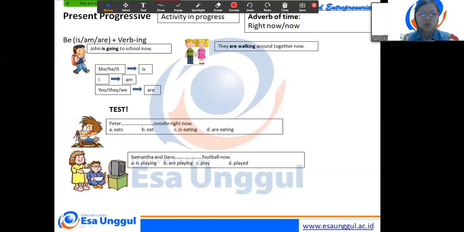And they are walking around together now. If we can see from the example, present progressive uses be, is, am, are, and then verb in. Look at this one. Be is going. Be are walking.